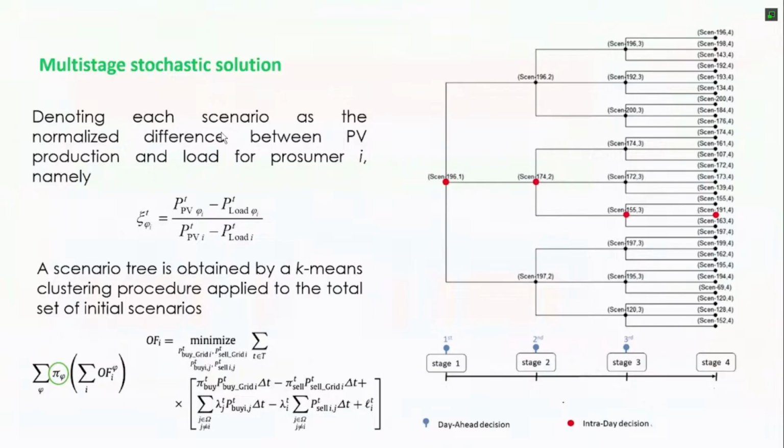So the k-means method means that we calculate 3 behaviors, 3 profiles that are representative of all the population, and they are minimizing the Euclidean distance between each of these profiles and the other profiles of the group.